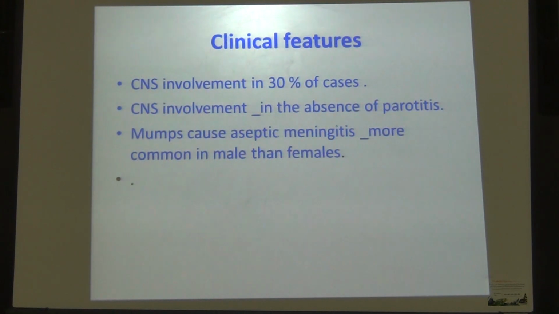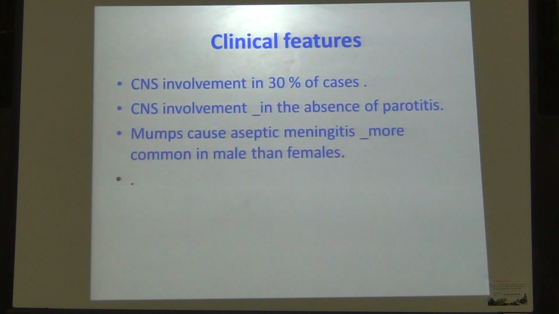CNS involvement also occurs in 30% of the cases, and it can occur in the absence of parotitis. Mumps may also cause aseptic meningitis, as opposed to pyogenic meningitis, which is due to bacterial infection.